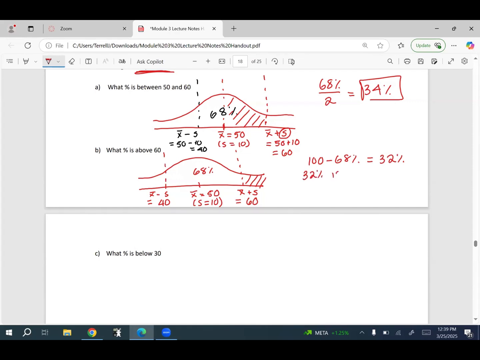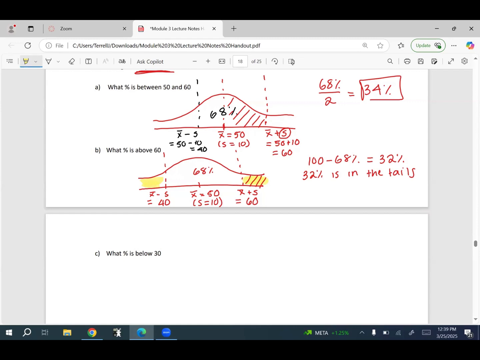32% is in the tails. When I say tails, I'm referring to this and this. These are my tails. This tail plus this tail, the left tail and the right tail, add up to 32%.